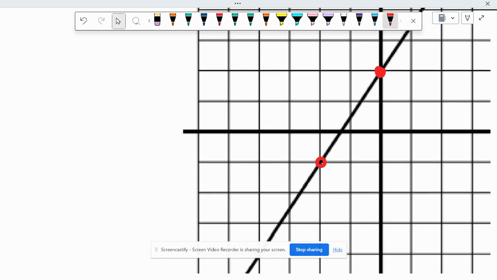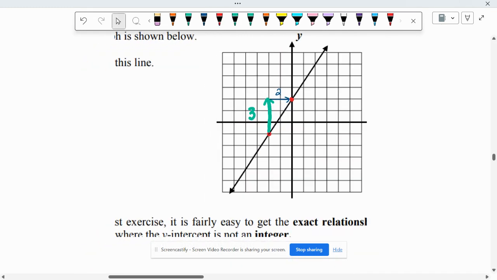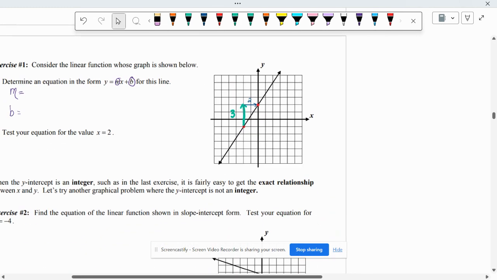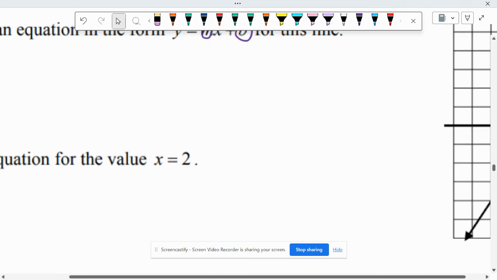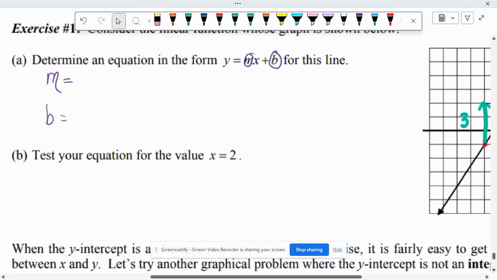So let's count how much we rise. We rise 3. And because we're going up, it's positive. How much do we run? 2. So my slope for this function is 3 over 2.